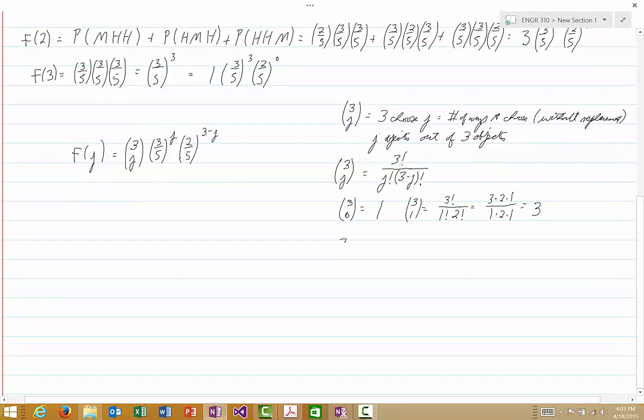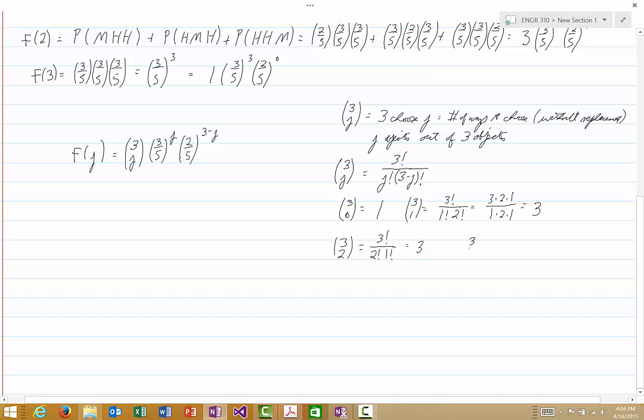And 3 choose 2 is 3 factorial over 2 factorial times 1 factorial. And you can notice very quickly by comparing this expression to that one that it's exactly the same. The denominator terms are just written in the reverse order. So this is also 3.